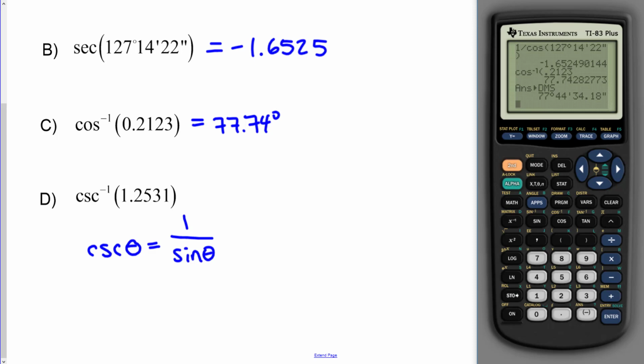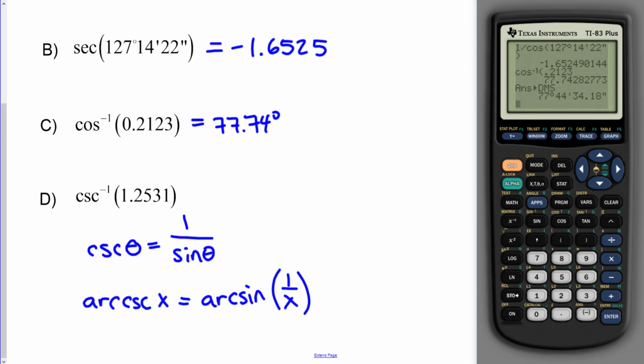Cosecant is just 1 over sine. When it comes to arc cosecant of x, to be proper, it's going to be the arc sine of 1 over the input value.